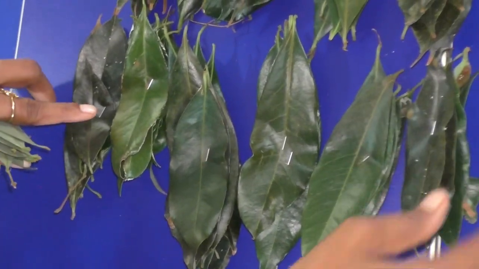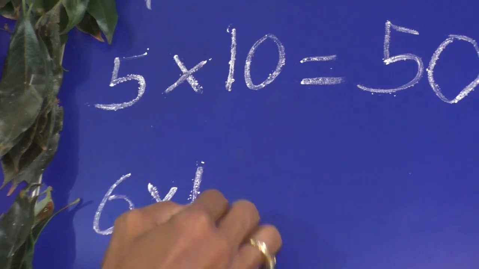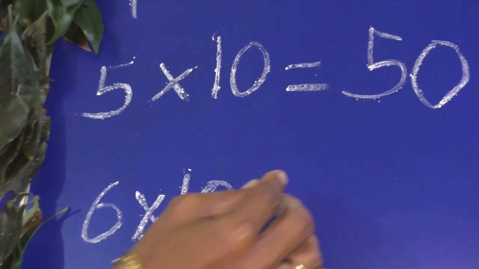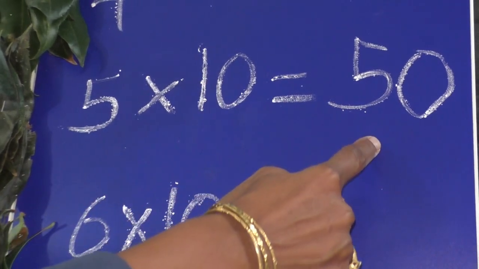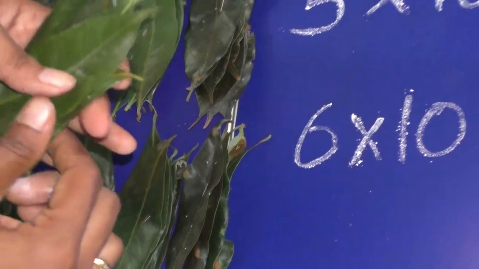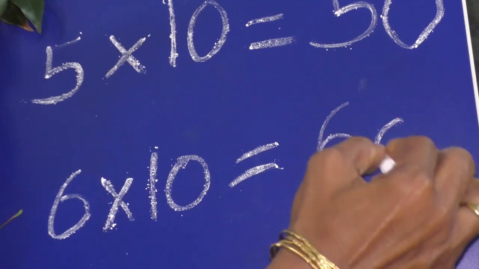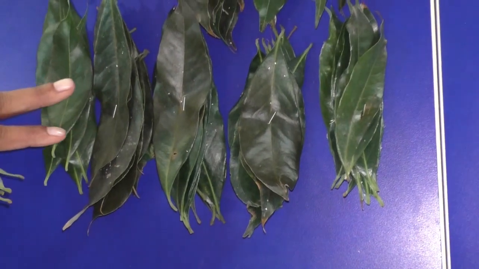Next, we have 6 sets here. So 6 groups with 10 leaves in each set. So 5 groups, it was 50. One more group added. So how much will it be? 60. Now we have 7 sets.